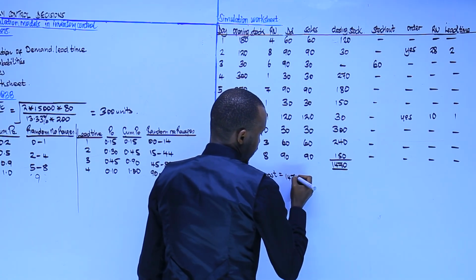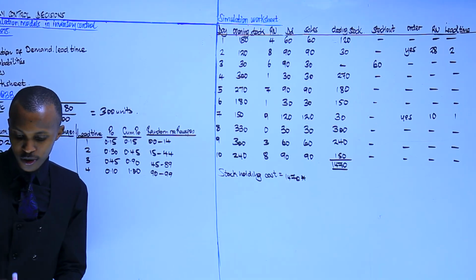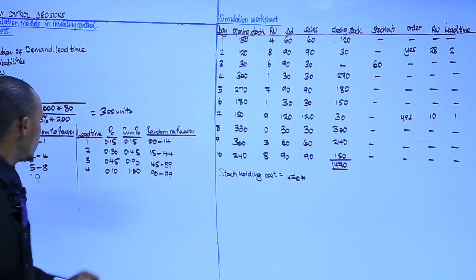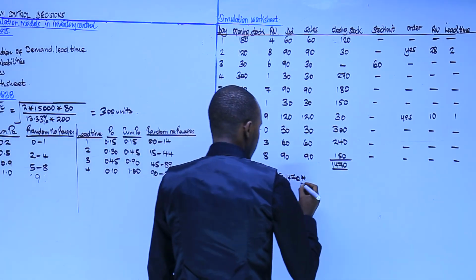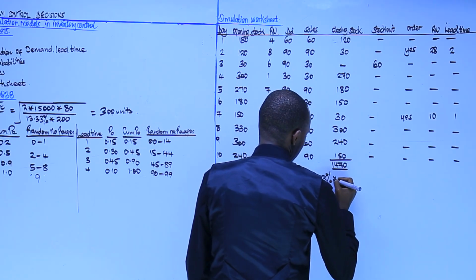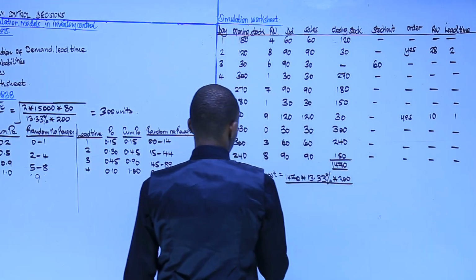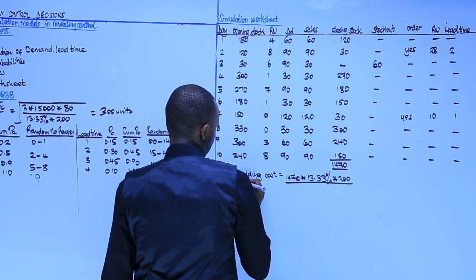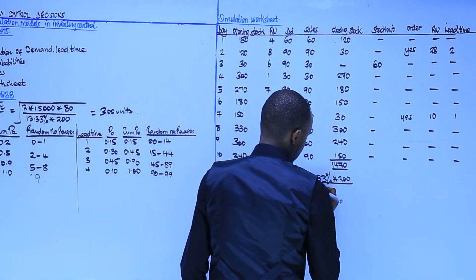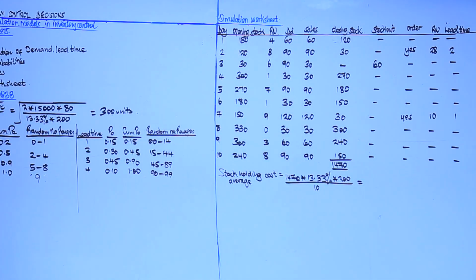Then the 1470, you multiply that by your holding cost, and your holding cost was 13.33% of 200. Then because you want the average, you divide by 10 days. You divide that by what? By 10 days.